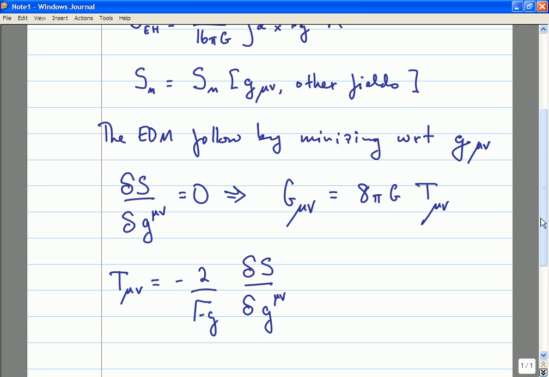The procedure for writing down the stress tensor is straightforward. We just write down the action. First, you could write down the action for your favorite theory of physics in Minkowski space. Then you covariantize it the way that we have learned to by changing partial derivatives into covariant derivatives and Minkowski metrics into curved metrics. And then you vary with respect to the metric. And the linear term in that variation is proportional to the stress tensor.